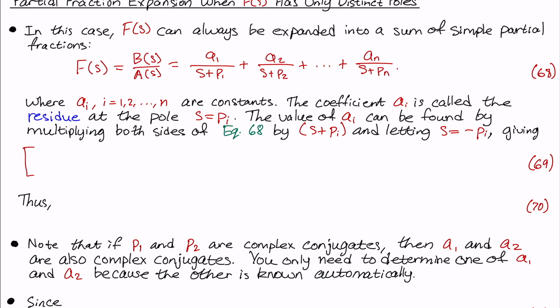So we're going to first multiply s plus pi times b of s divided by a of s, evaluated at s equals minus pi.